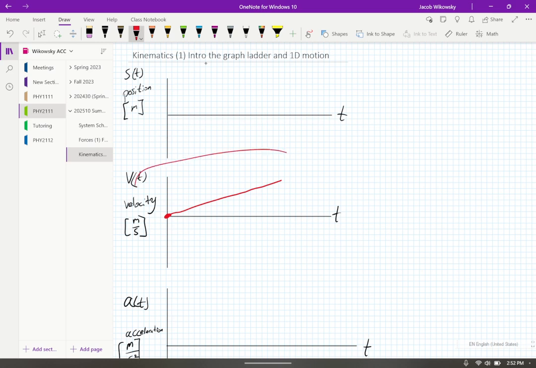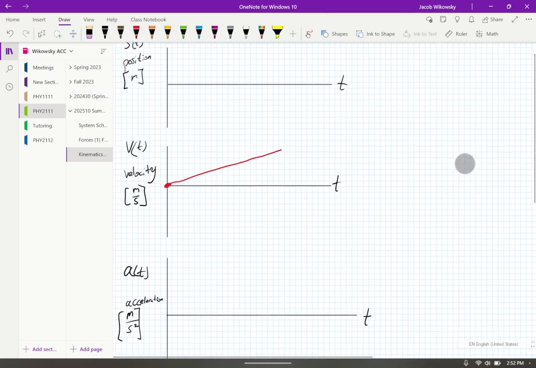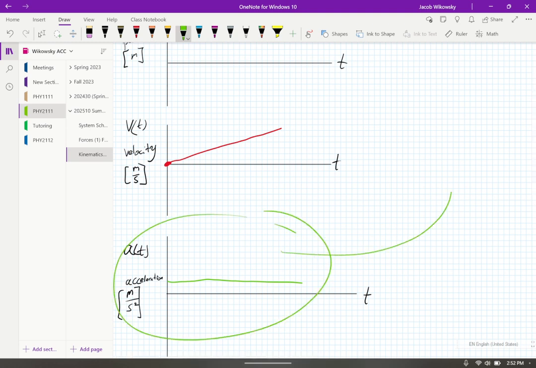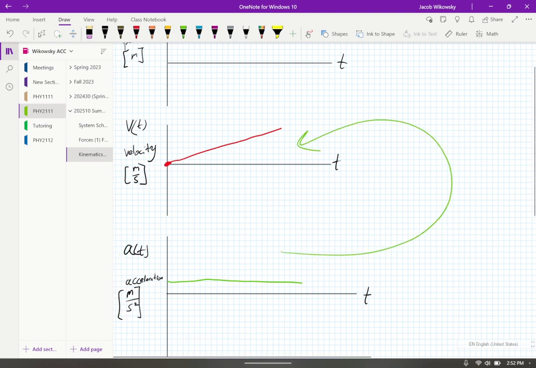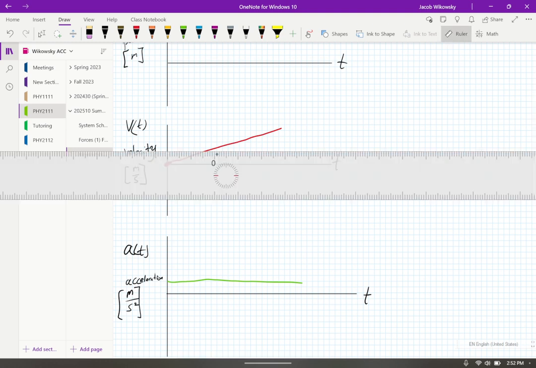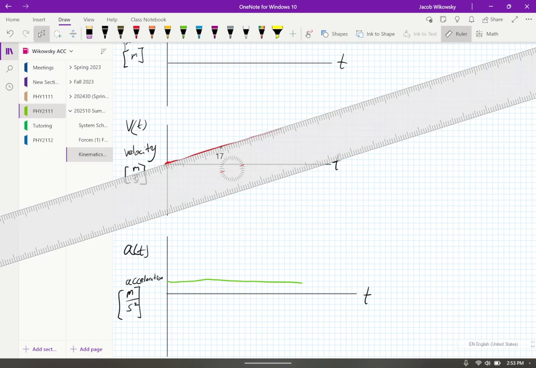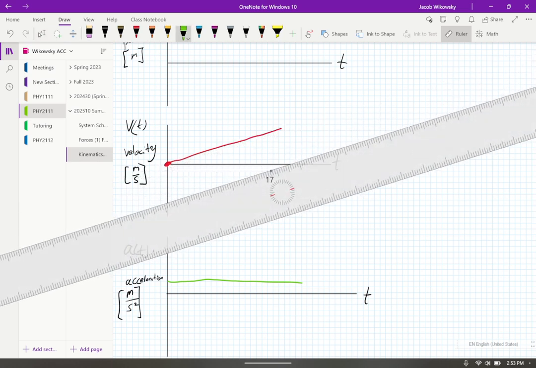Well, this graph will always correspond to a graph down here where we have a constant positive. And this is because this graph is telling us about the slope of the graph above. And when we look at the slope here, we can see the slope is this constant positive number. So that's why we have a constant positive down here.